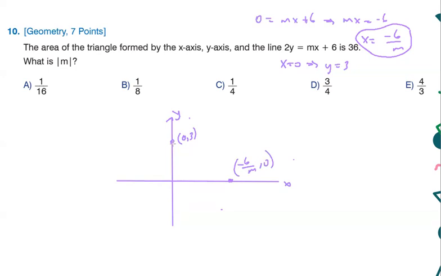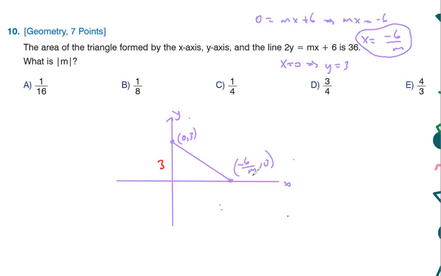But what we know is if I connect these 2 points, that will be the triangle we are looking for the area of, right? Because we are told the area is 36. If this is 3 units, and if I can find this one, that will give us the value of m easily.